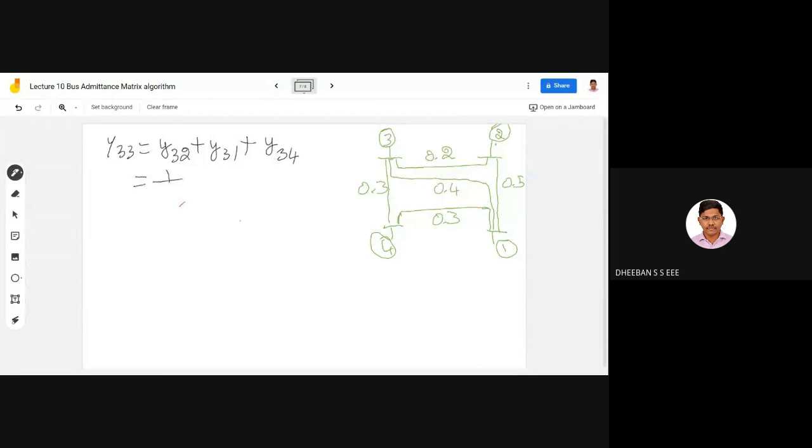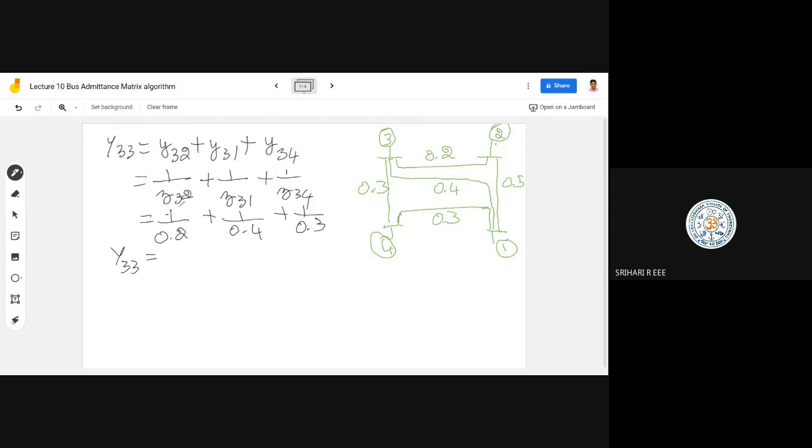So it will be 1 by z32 plus 1 by z31 plus 1 by z34. So that is 1 by 0.2 plus 1 by 0.4 plus 1 by 0.3. So what will we be getting? 10.833. Fine.